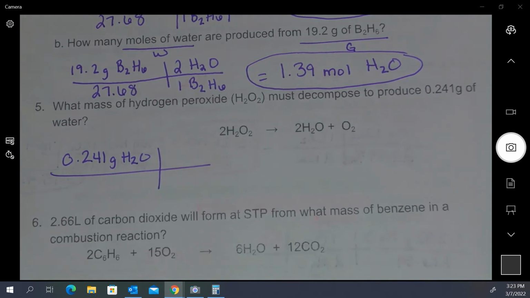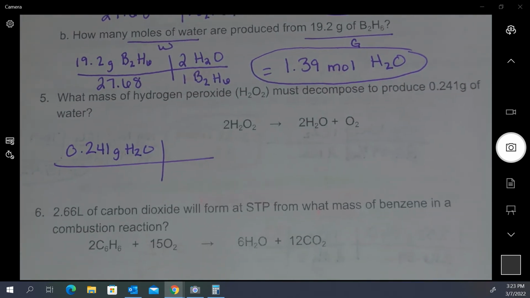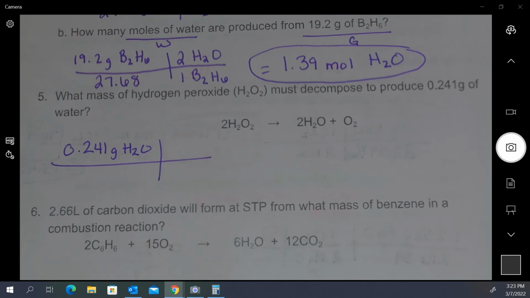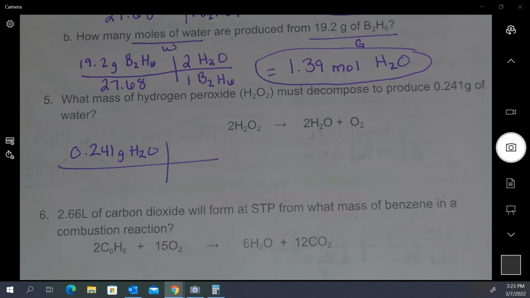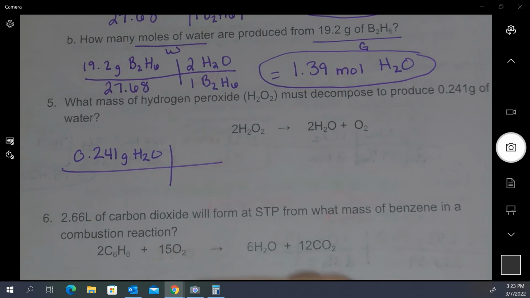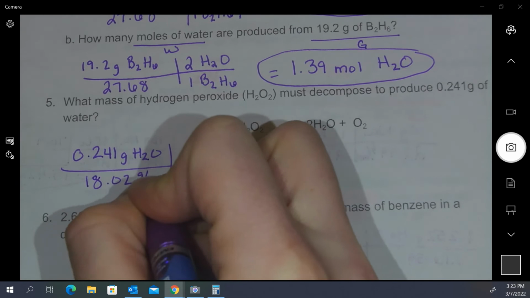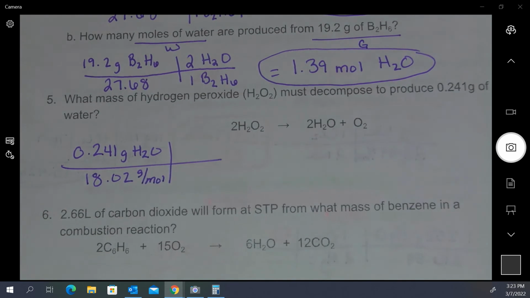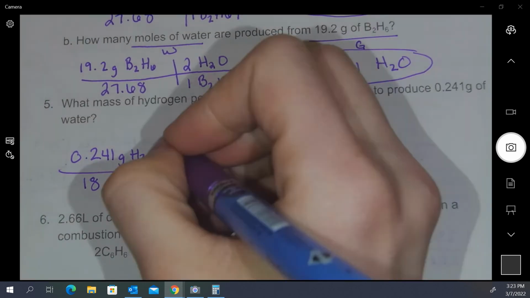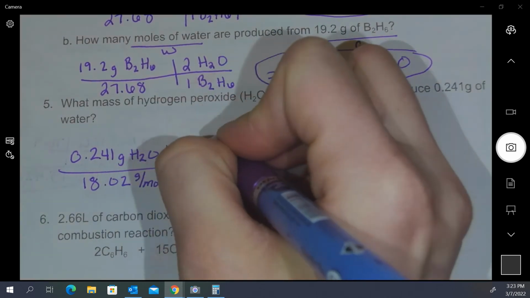We're going to divide by the molar mass of water. So this is one of those molar masses that eventually is going to just become part of your brain because it has for me. So 18.02 is what the molar mass of water is. It's just one you kind of get used to seeing a lot. We want hydrogen peroxide, so there's a 2 in front of H2O2.